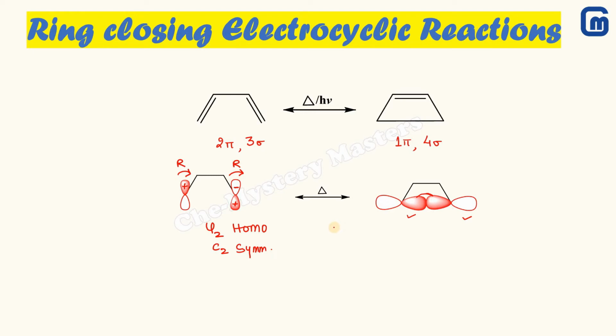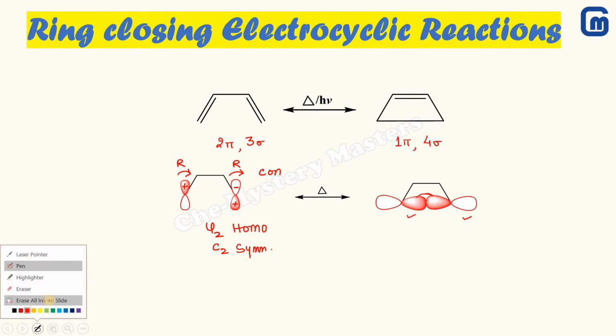They will make the cyclic structure, or ring closing, of this molecule. So always remember that whenever there is C2 symmetry in the molecule, there will always be conrotation to give you the symmetry allowed closed reaction.